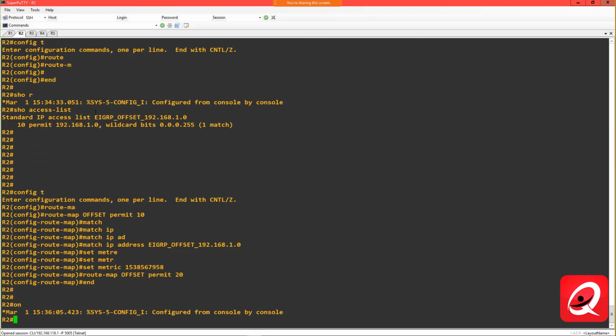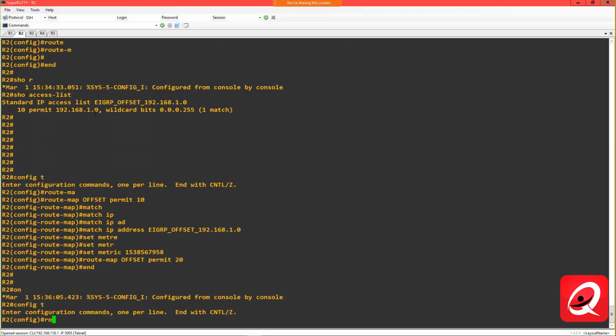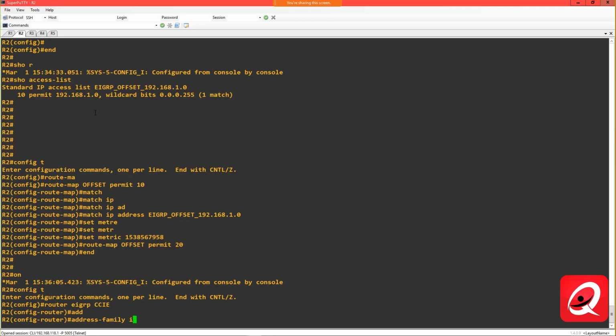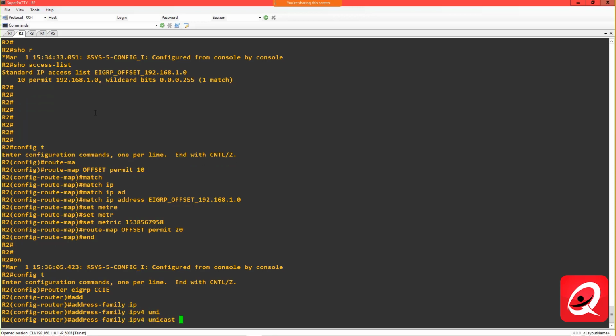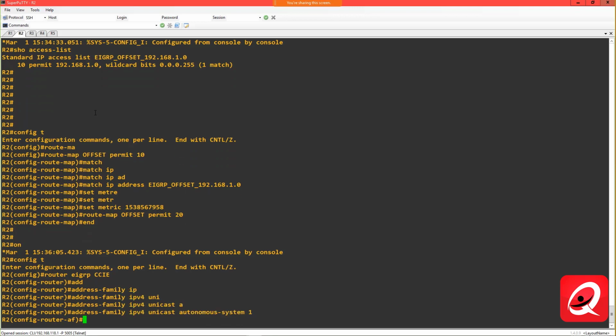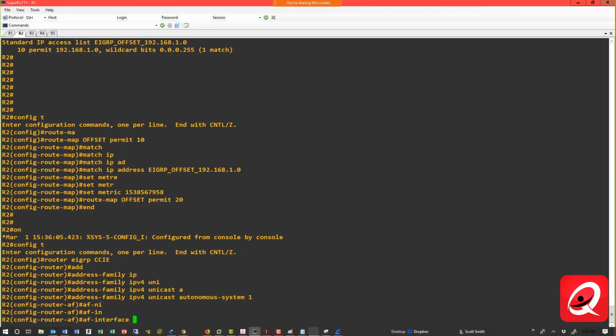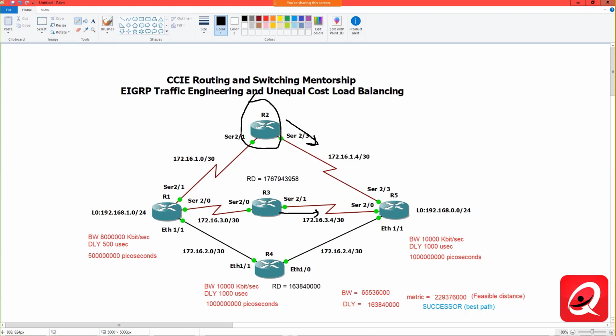And now if I go into router EIGRP CCIE, now this is a distribute list that's going to be applied to a peer. Let's see if it's under address family. IPv4 unicast autonomous system number 1, af-interface, and we're doing interface serial 2/3.